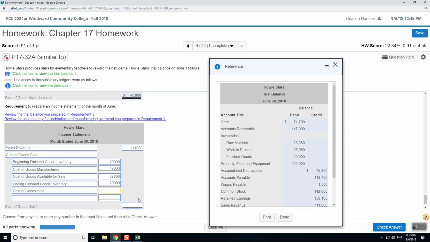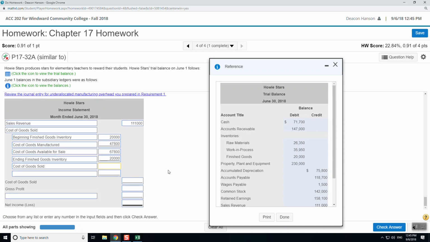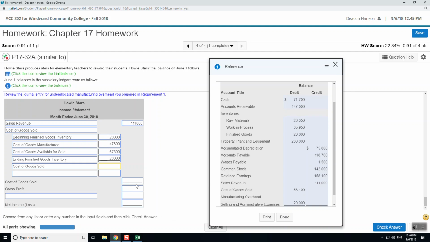Oh, wait, we skipped a step. Beginning plus cost of goods manufactured, cost of goods minus. What's missing? They want the cost of goods sold figure down here.